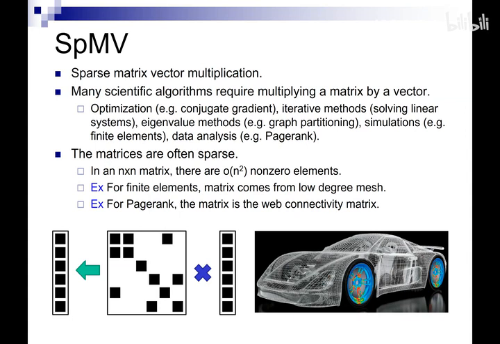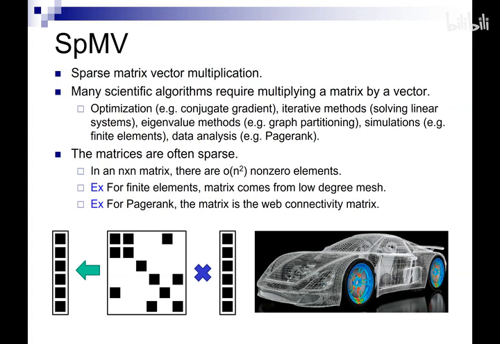Another example is we can use these sparse matrices to represent something like the internet, and the connectivity between different websites. Suppose you have some number of websites on the internet, let's call that n websites.